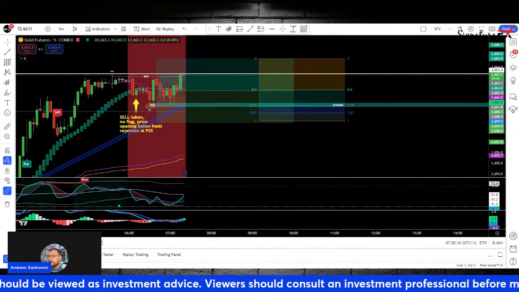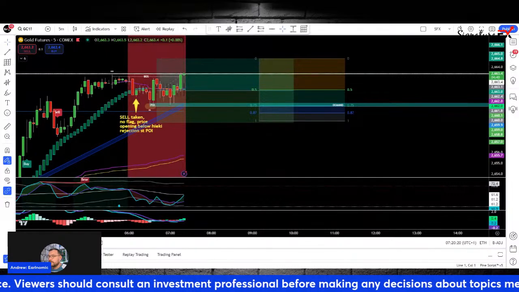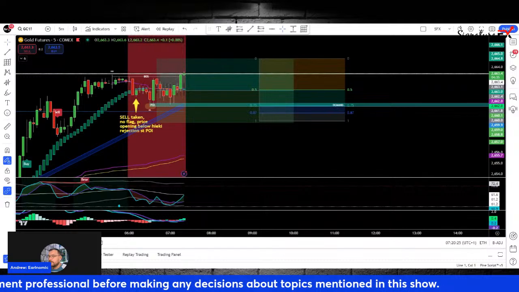So yeah, we tested our Asian high. We're just taking out that point of interest or that resistance level. So I'm expecting this trade to hit the stop loss this morning.